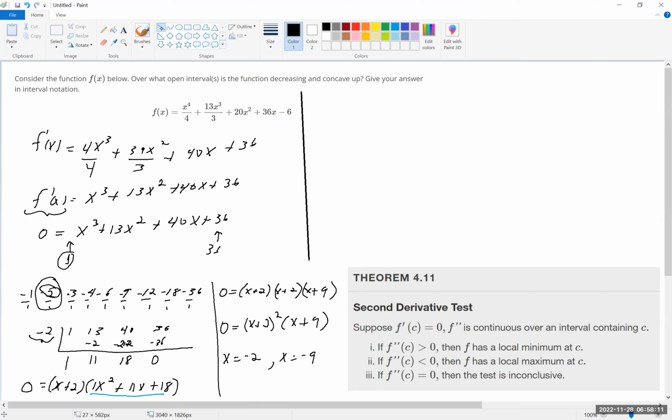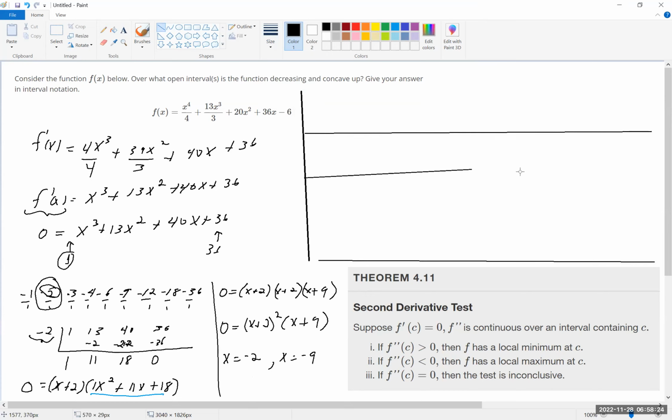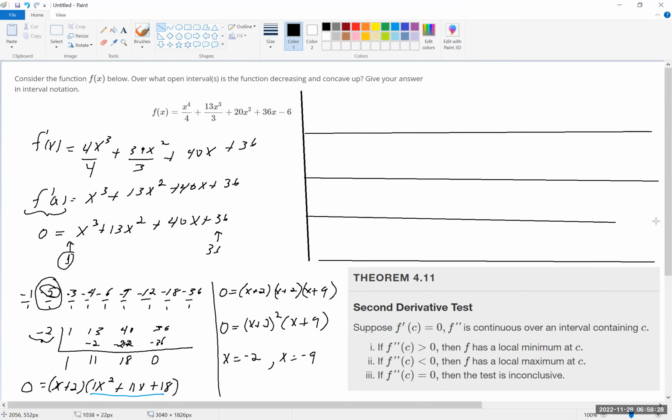we're going to do the rest of our work over here. And I think it'll be worth making some lines over here because we're going to need to have some intervals. And I believe we're going to end up with 4 intervals, perhaps 5.